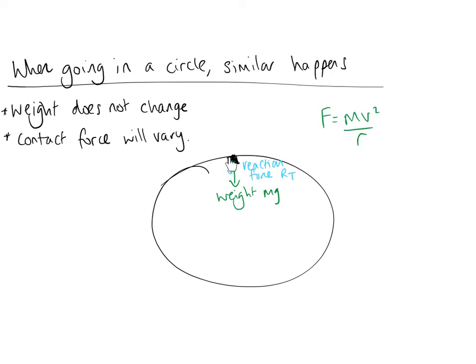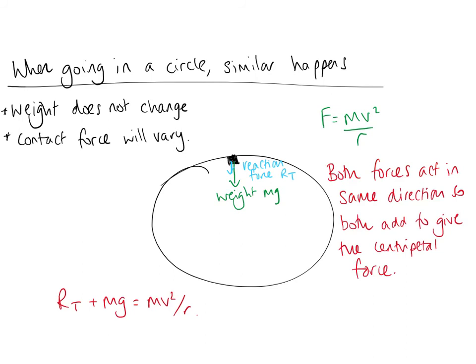However, the reaction force is now in the same direction, and I'm going to call that RT for R top. Both forces act in the same direction, so they add together, and together they give us our centripetal force. So the equation is: the reaction force at the top added to our weight, mg, gives us mv squared over r. This is why it's important when designing roller coasters, because if you're not travelling fast enough when going around in a loop-the-loop, you might fall out.